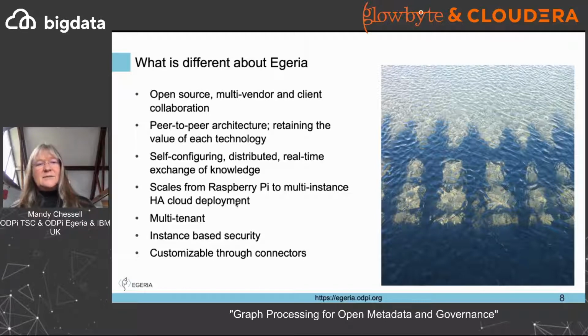So each instance within the metadata environment has to be secured separately, and that security has to be maintained even though we're sharing that metadata with different repositories. All of these have driven the design of Egeria, and you'll see very quickly that customization and scalability are key parts of this capability.